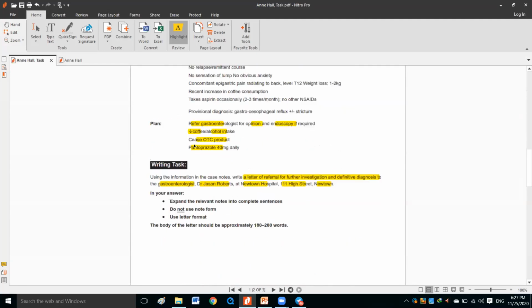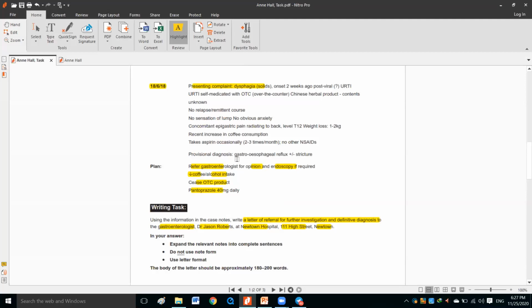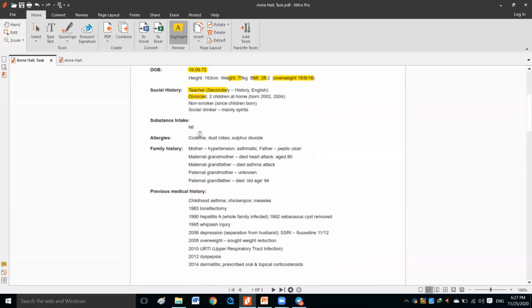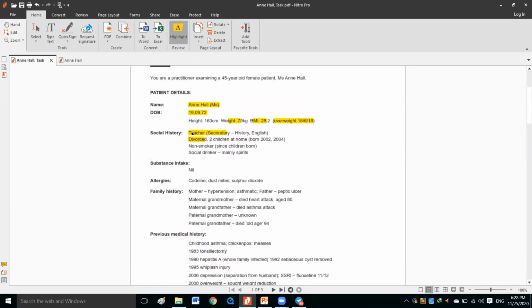Remember that the provisional diagnosis is gastroesophageal reflux, which is in relation with gastric acidity and in relation to stress. That's why we will mention teacher, the occupation, stressful job, and divorced, also a stressful situation.